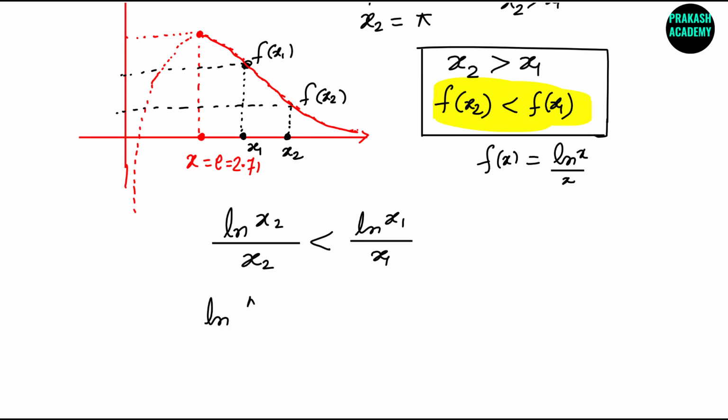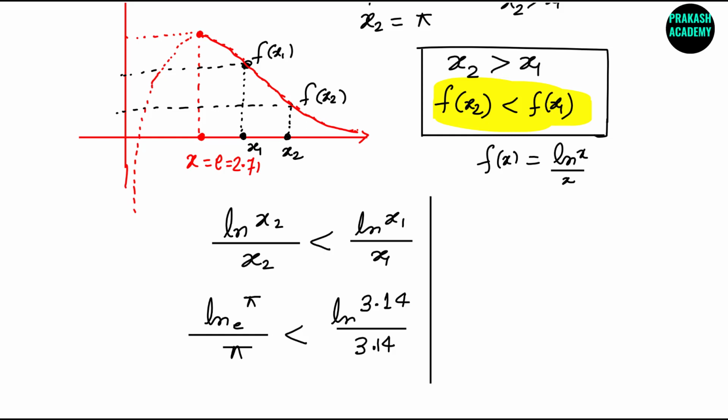So ln pi divided by pi, and of course the base is e, is less than ln 3.14 divided by 3.14. So we can further rewrite, that is if I multiply, 3.14 ln pi is less than pi times ln 3.14.